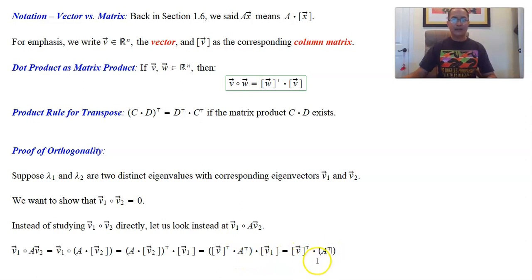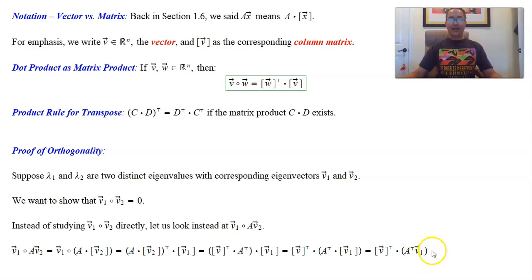So we have A transpose times V1 regrouped. Okay, last step. Equations work both ways. We see here a matrix times a column vector, so we can rewrite this as A transpose times V1. There you go.